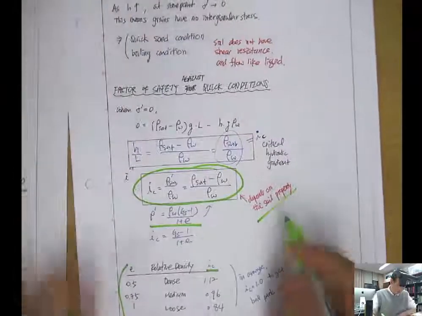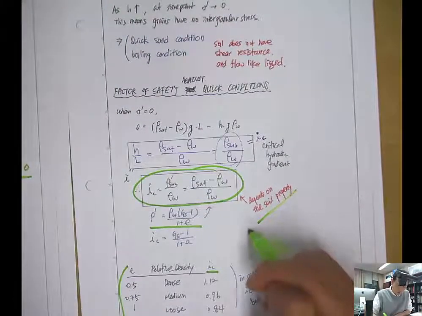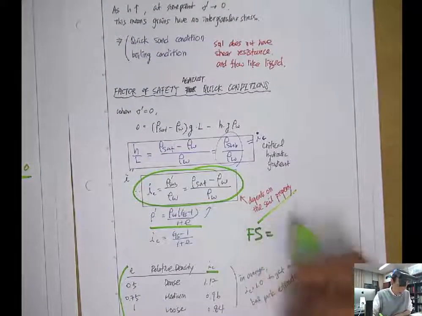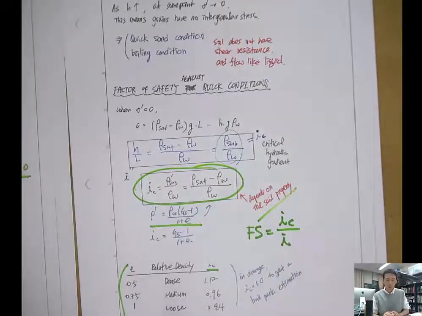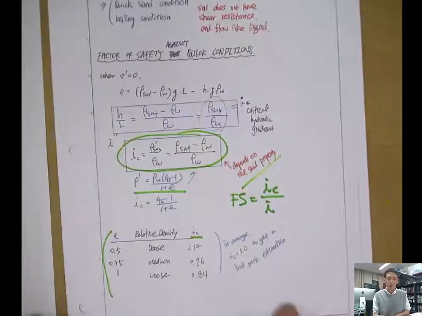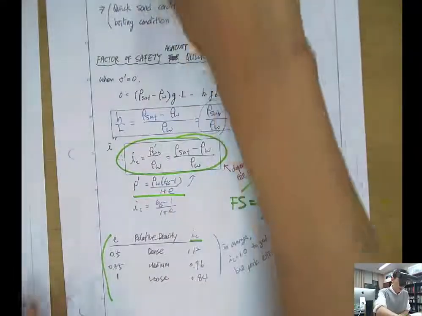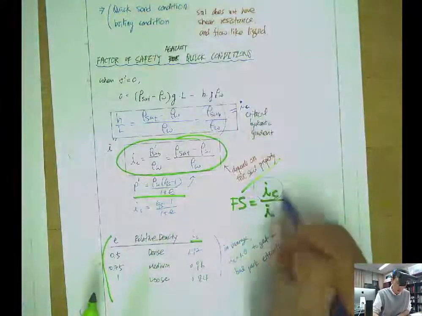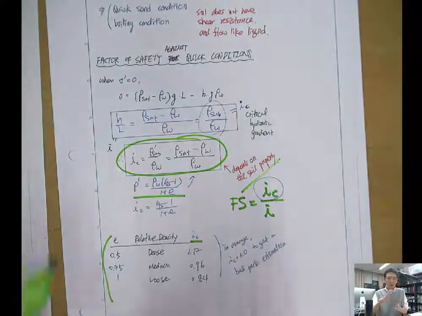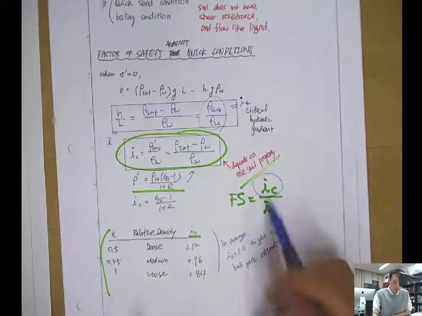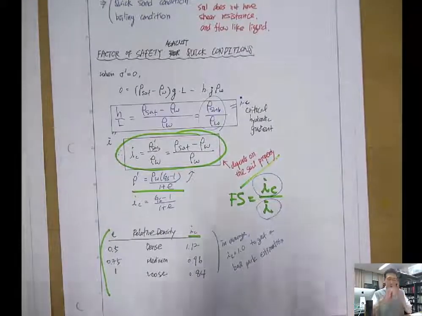So what about the factor of safety? The factor of safety Fs is calculated as i_c over i. So i_c is the critical hydraulic gradient, which is given by the soil property, how well the soil is compacted, and i is the hydraulic gradient of the configuration.